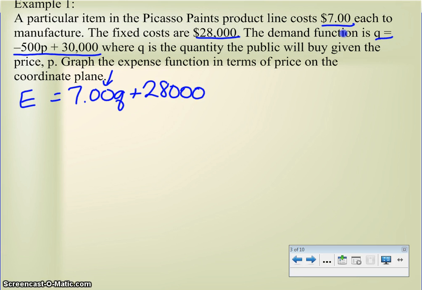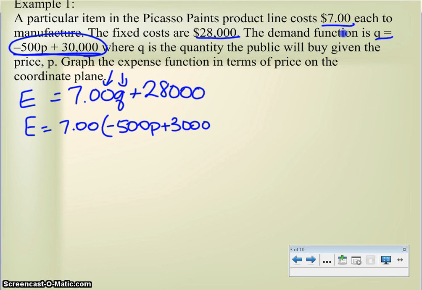Now you see we have a Q here, and we have our equation for our demand function, which is where we plug that in. And we get E equals 7 times the quantity negative 500p plus 30,000, plus the 28,000.